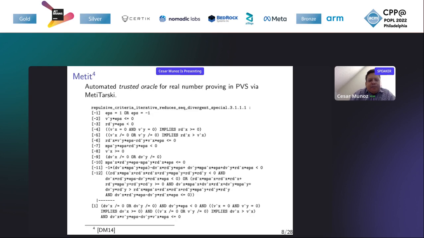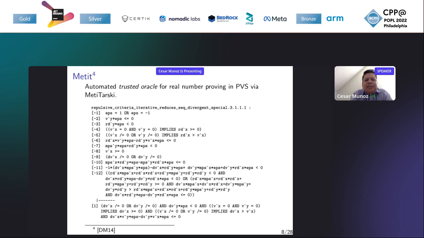And then we integrated, and it was really a very good step in the right direction. We integrated MetiTarski, an automated theorem prover for real-valued functions, into PVS, and we integrated MetiTarski in a very idiosyncratic way.